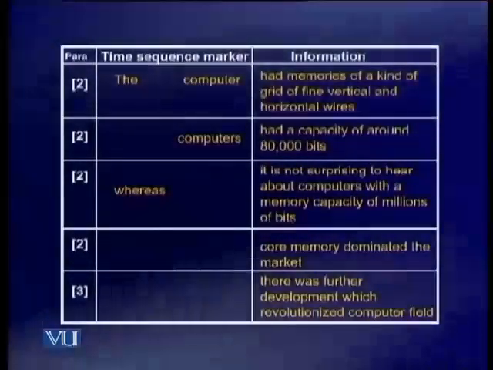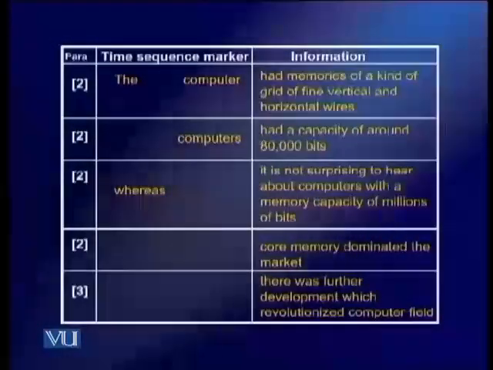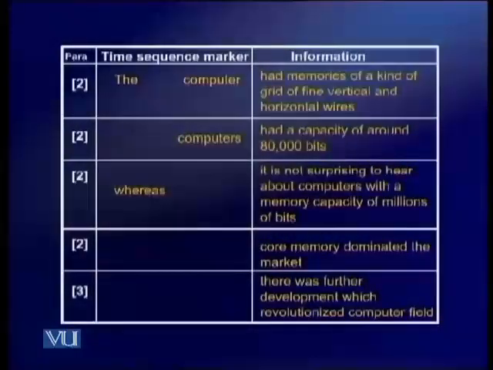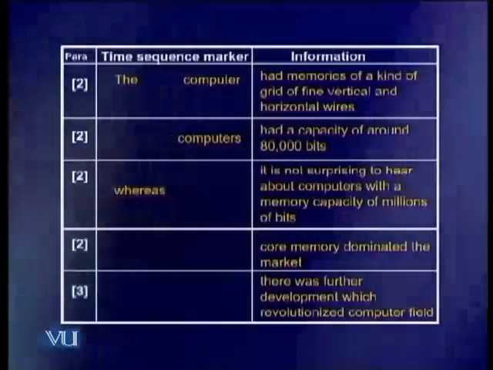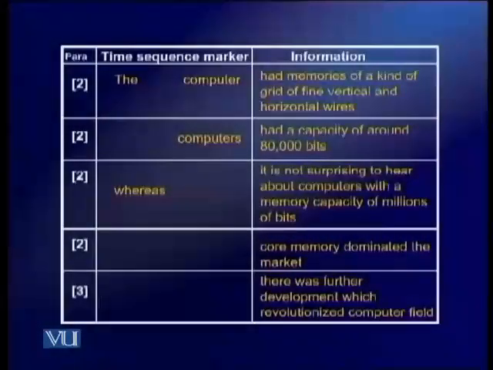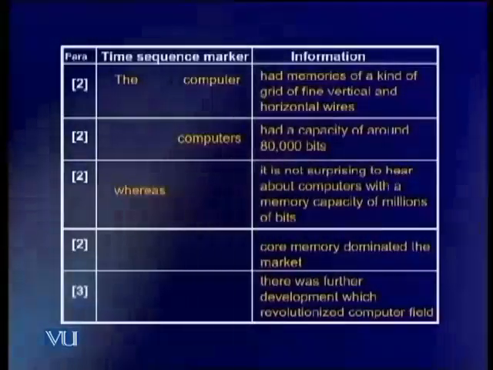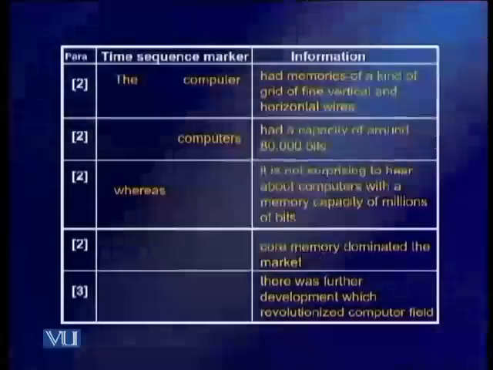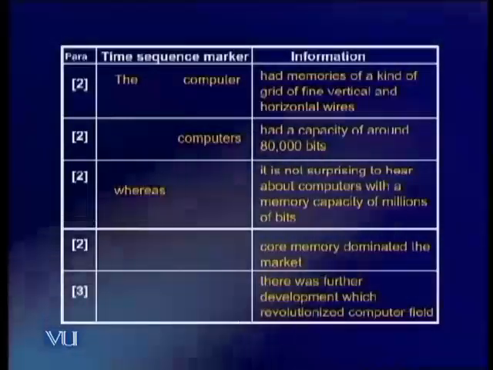Again, looking at the same paragraph, you've been given some information, and the information is had a capacity of around 80,000 bits. So what had a capacity of around 80,000 bits? You've been given one hint, and the word is computers. So which kind?